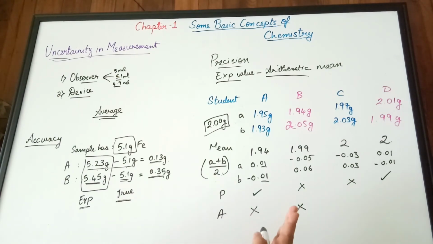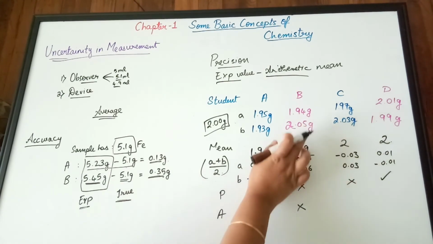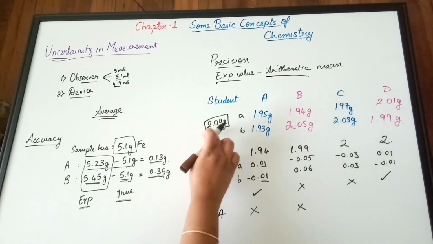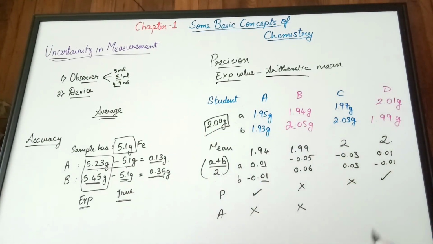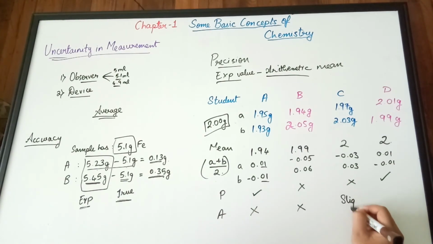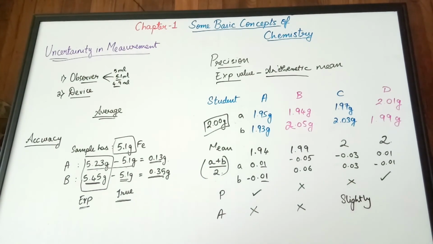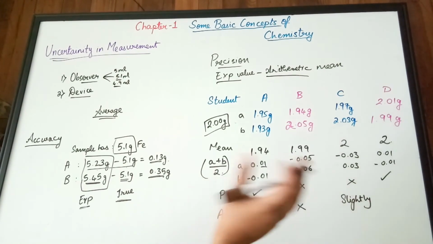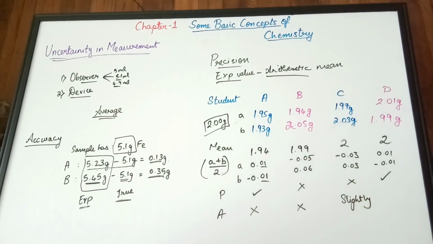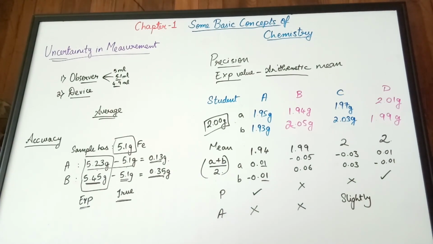In the third case, it is slightly accurate because they are closer, and their mean is actually the true value, so we'll take them as slightly accurate. Whereas the fourth student has just 0.01 difference, so that student is accurate.